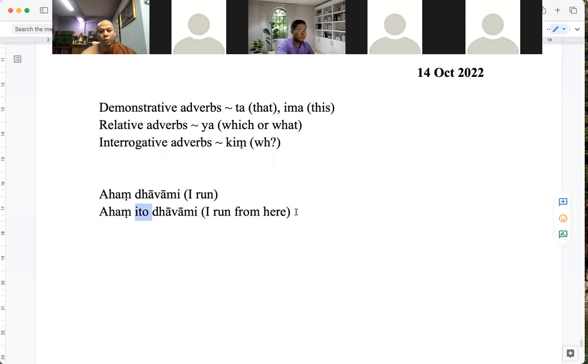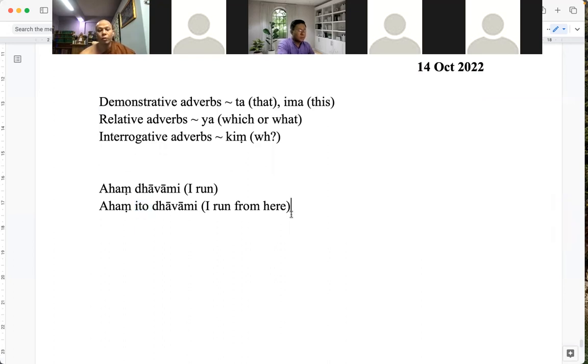Okay, so now we need to know sentence structure commonly. In Pali, the sentence structure is commonly subject and the verb.